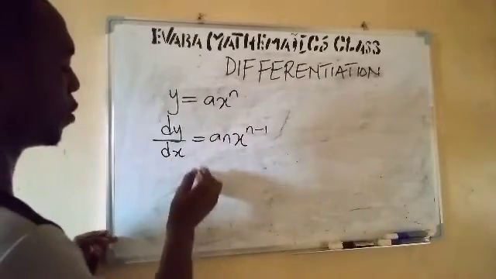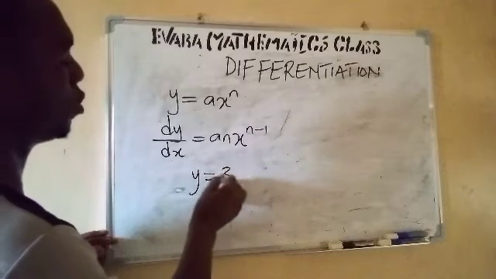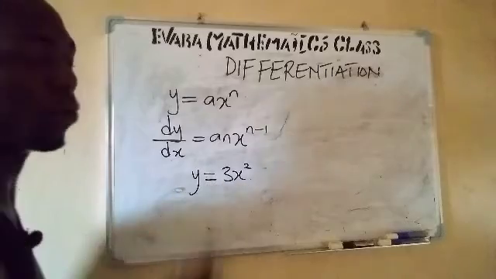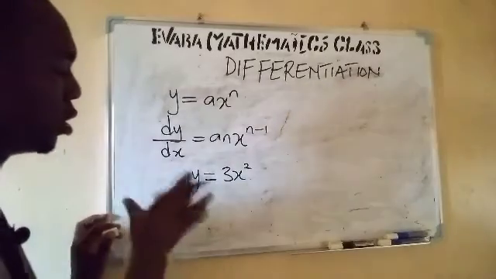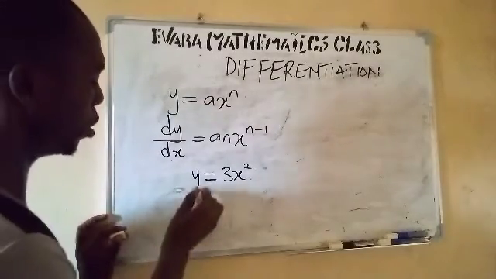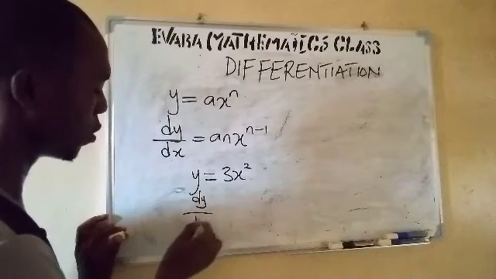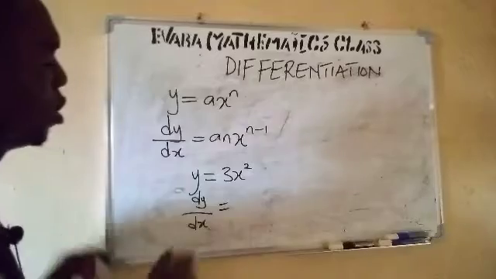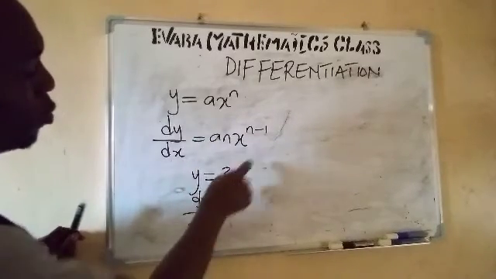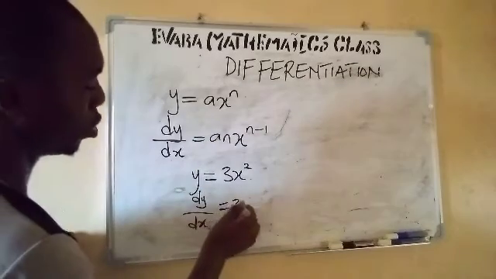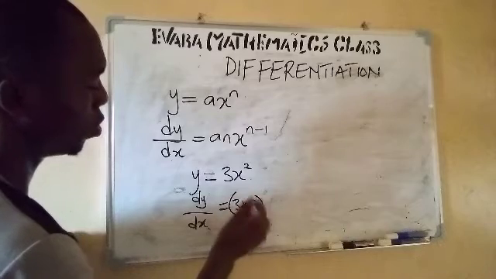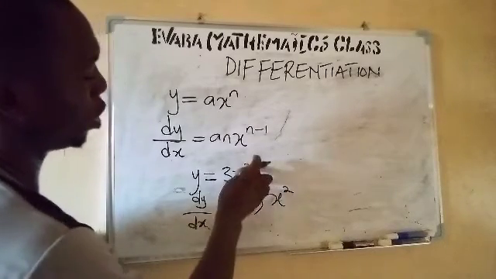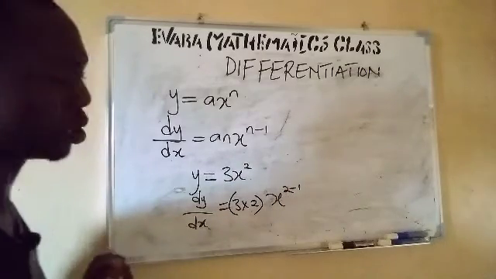Let's take, for instance, you have y equals 3x squared. So if you have y equals 3x squared, the derivative of y will be dy/dx is equal to, from what we've done here, an, that is 3 multiplied by 2, then you bring down your x raised to power, the index 2 minus 1.